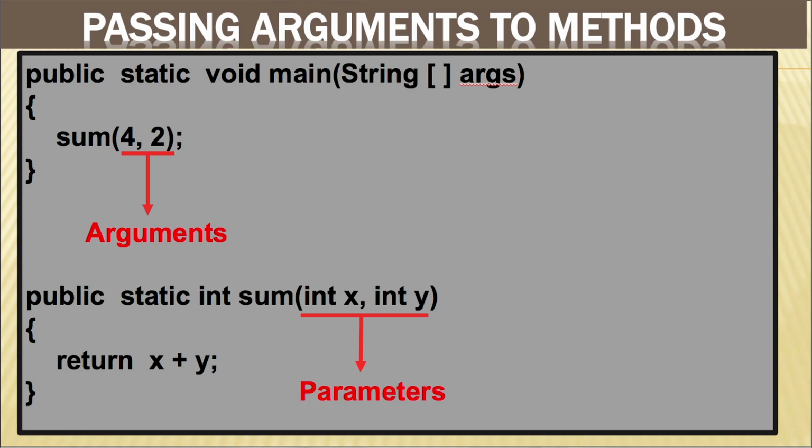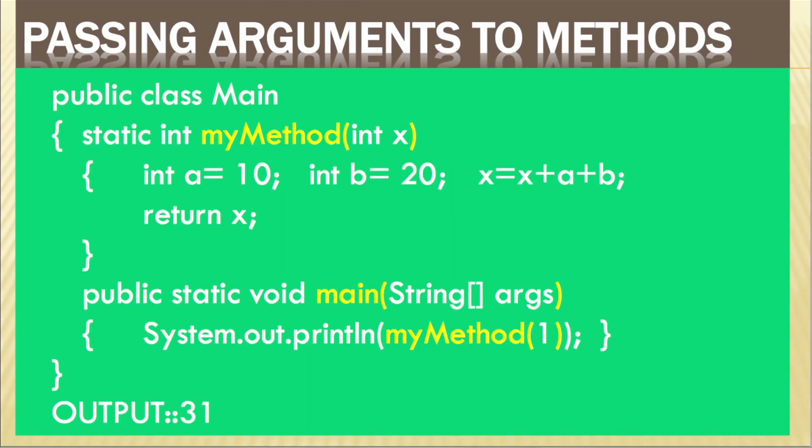Now, passing the argument. See this example where we pass an argument to the method. In this program, this is the class, public class Main. Inside this class we have a static function, static int myMethod. This method is invoked by public static void main, which you can see in the bottom part of this slide.